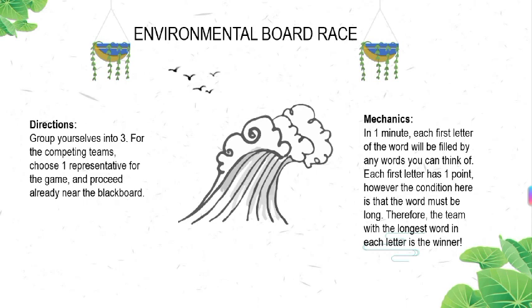Make sure that it is an English word. However, the condition is that the word must be extensive, so you better think of any word that is long. The team with the longest word in each letter is the winner. So are you ready to start the game? Okay, let us start the game.